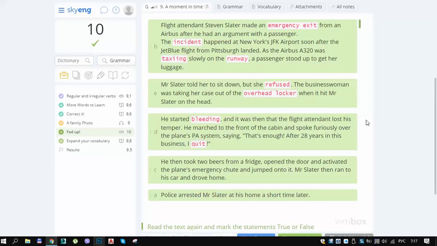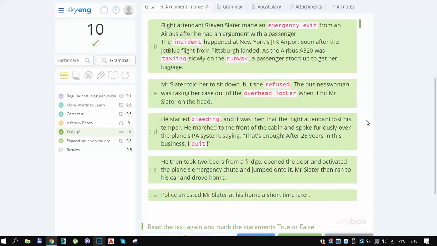The businesswoman was taking her case out of the overhead locker when it hit Mr. Slater on the head. He started bleeding, and it was then that the flight attendant lost his temper. He marched to the front of the cabin and spoke furiously over the plane's PA system, saying, "That's enough.